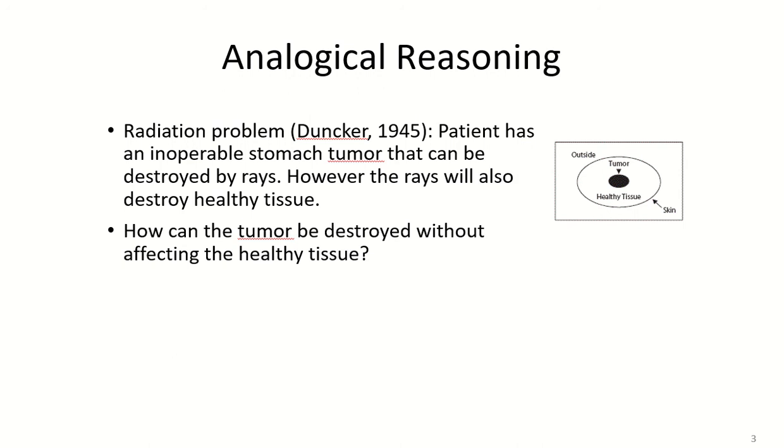What if rather than one big ray of radiation, we spread that out into, let's say, 20 different small rays of radiation. We send that radiation in from different angles, right? So 20 different entry points with lower intensity, and we make sure that they happen to intersect exactly where the tumor is located. And now if we do this, it will destroy the tumor and it will actually leave the healthy tissue intact.